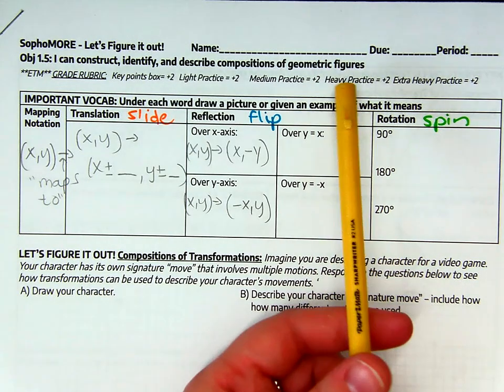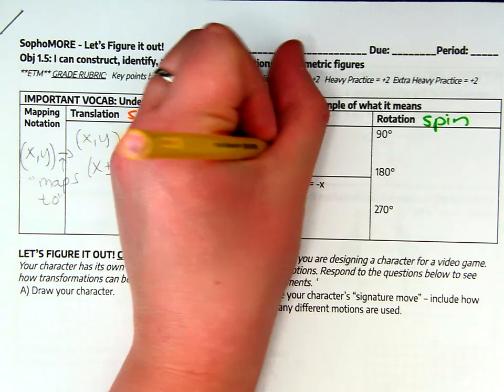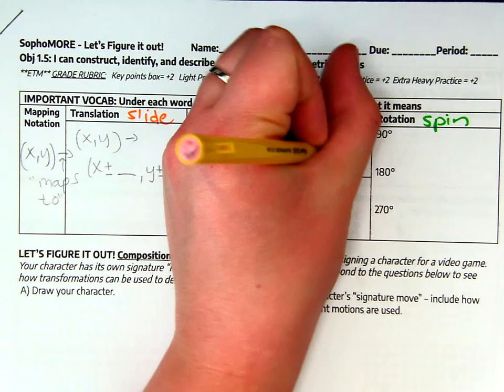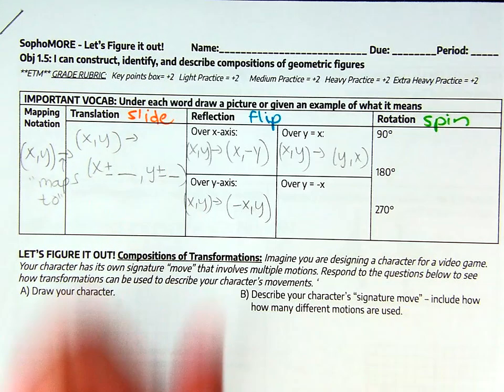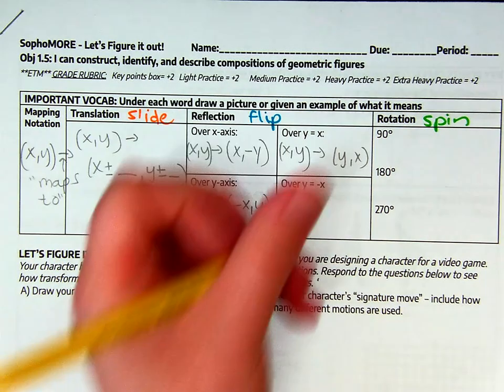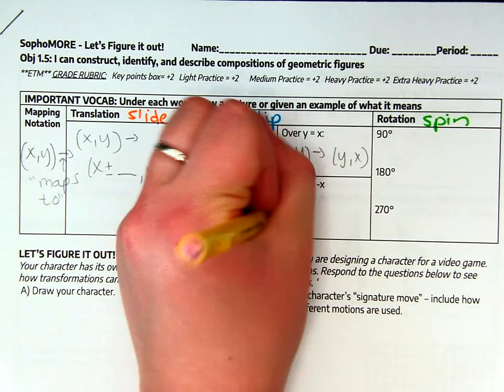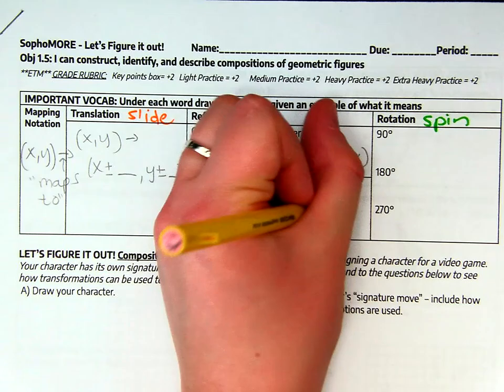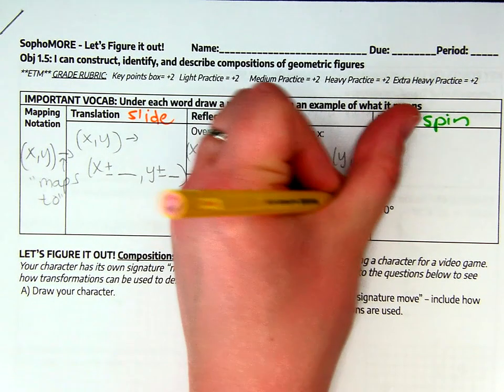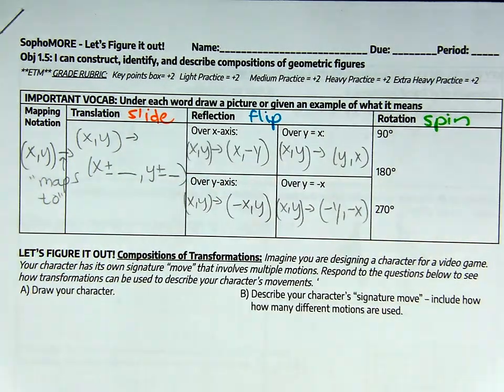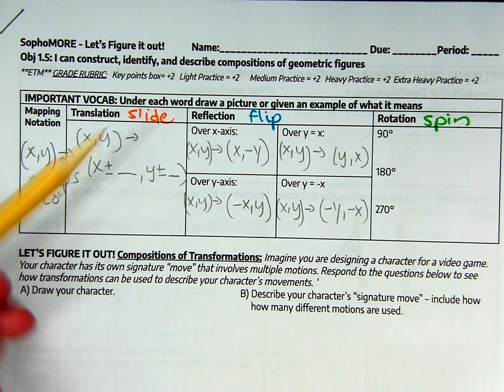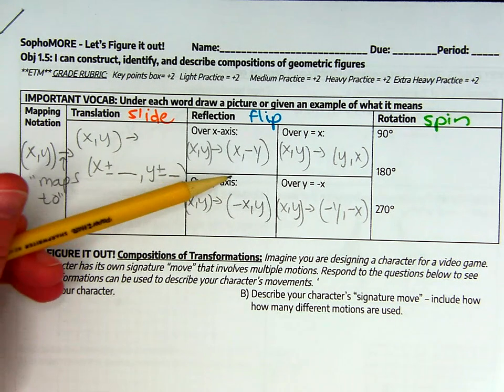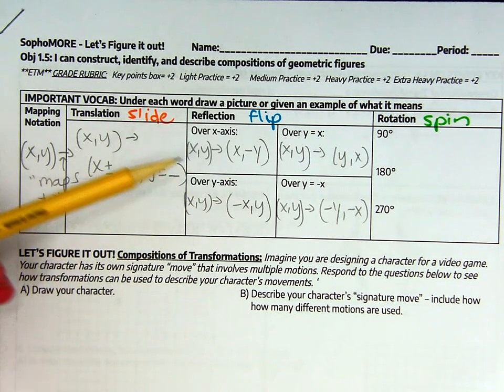When we reflect over the line y equals x, x, y will always map to y, x. And when we reflect over the line y equals negative x, x, y will always map to opposite y, opposite x. So again, these are patterns we can use to perform these transformations, which will allow us to figure out what the pre-image to image coordinates are without having to graph.